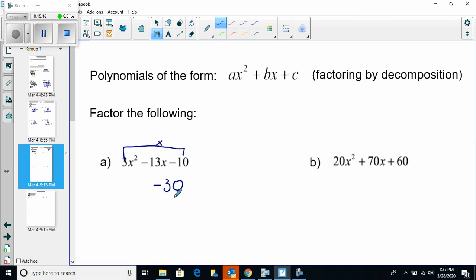And now we have to find the two factors of negative 30 that will give us negative 13. But none of those gives us negative 13. So therefore, we can say that this is not factorable.